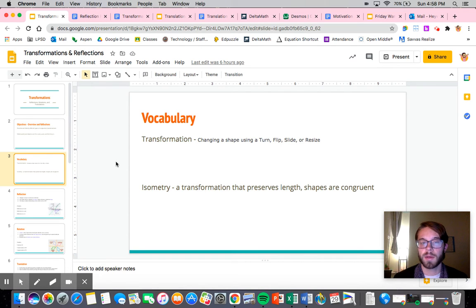And then an isometry is a transformation that preserves length, shape, and the shapes are congruent. All right. So those are the ones we're specifically caring about. And the three that we had listed before, the three isometries, are going to be your reflection, your rotation, and your translation.